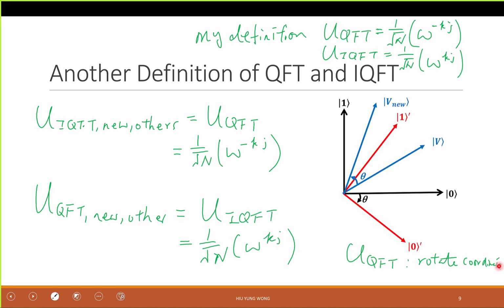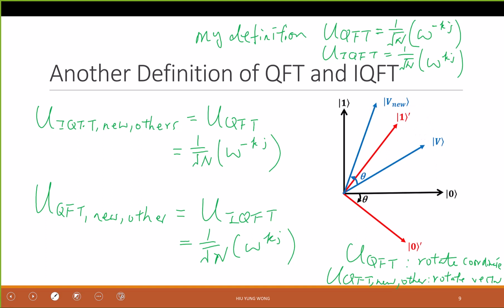For example, I have a vector V and the original coordinate, which is 0 and 1. You apply this quantum Fourier transform, and you're actually rotating the coordinate to the red one, rotated clockwise. But the new one, or others, rotates the vector. You apply that one, and you actually rotate it from V to V new.